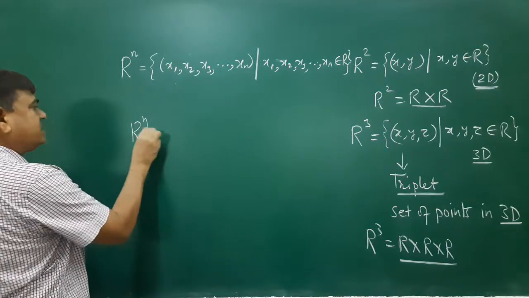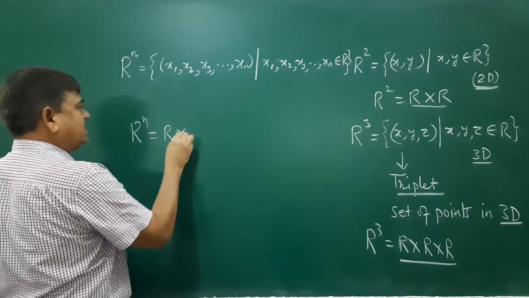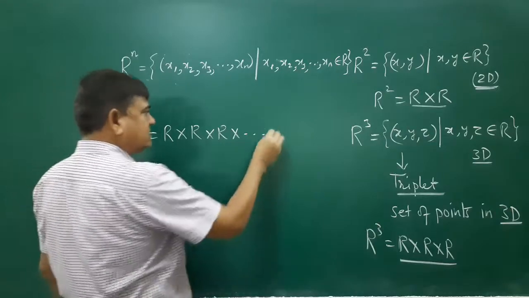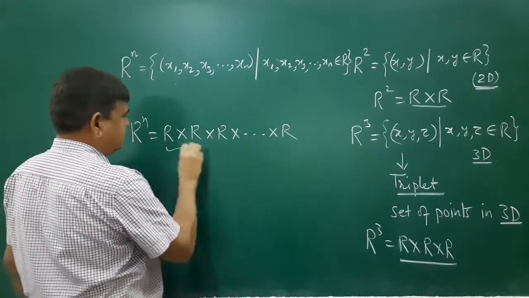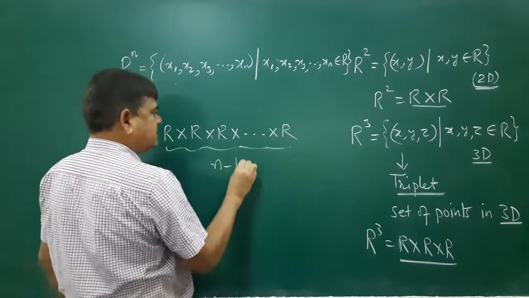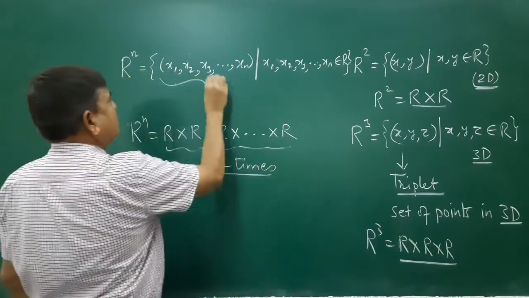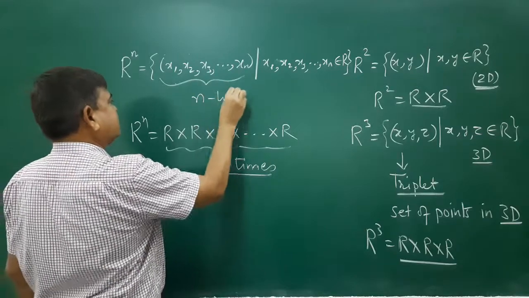R to the power n means R cross R cross R till this is n times. This is called n tuple.